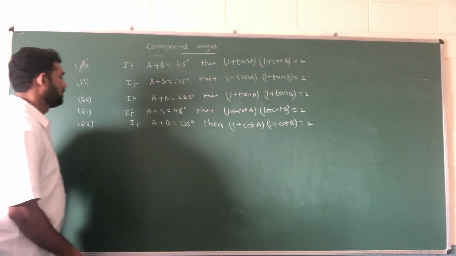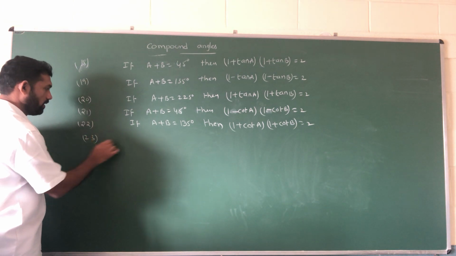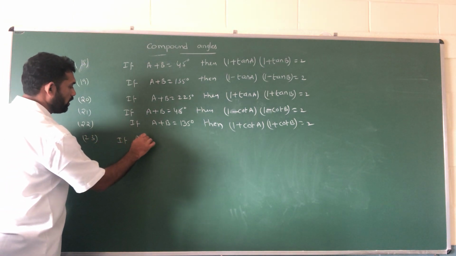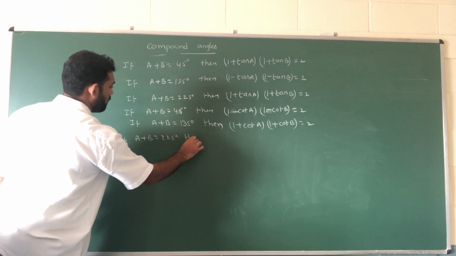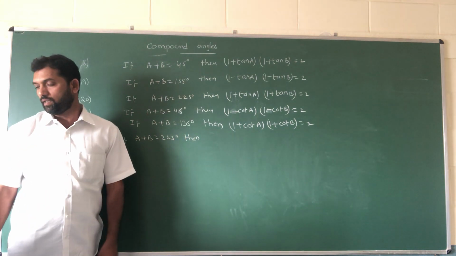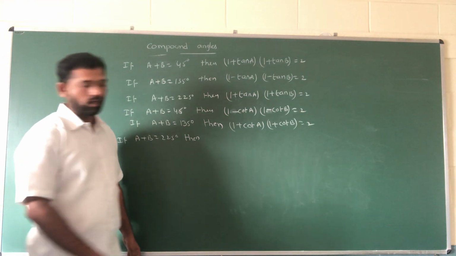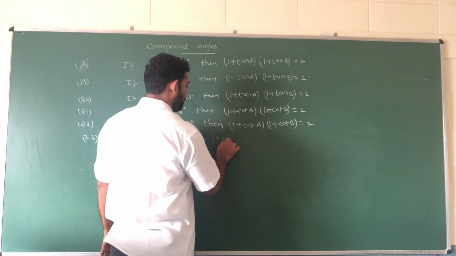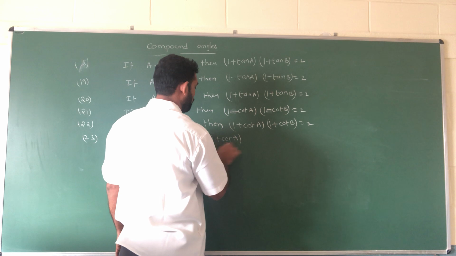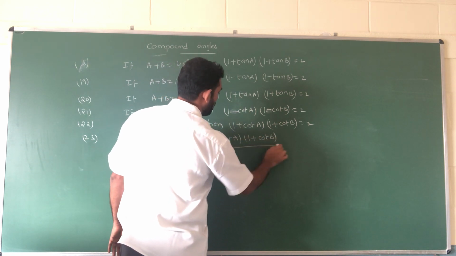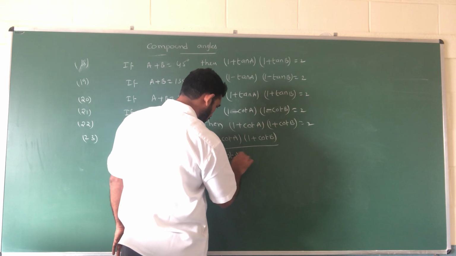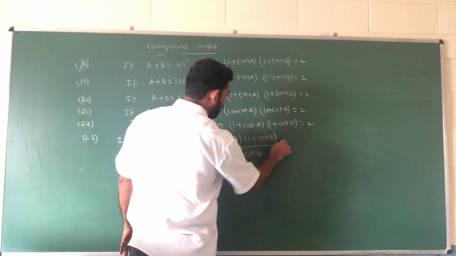Next, 23: if A plus B is equal to 225 degrees, then 1 plus cot A into 1 plus cot B is equal to 2.